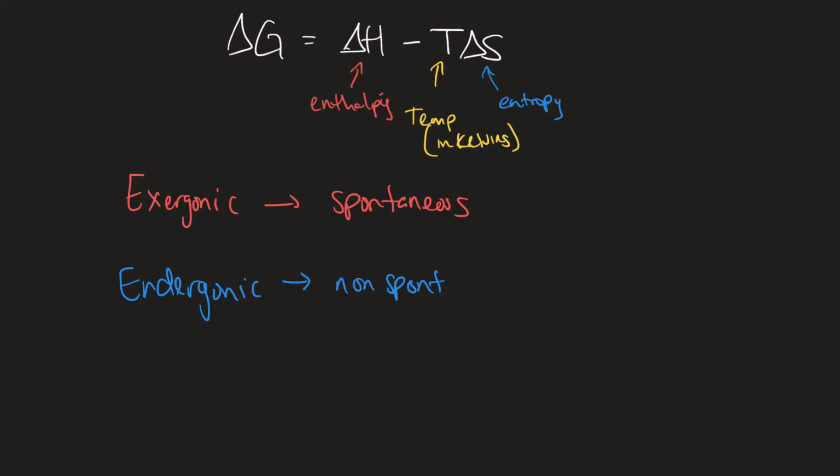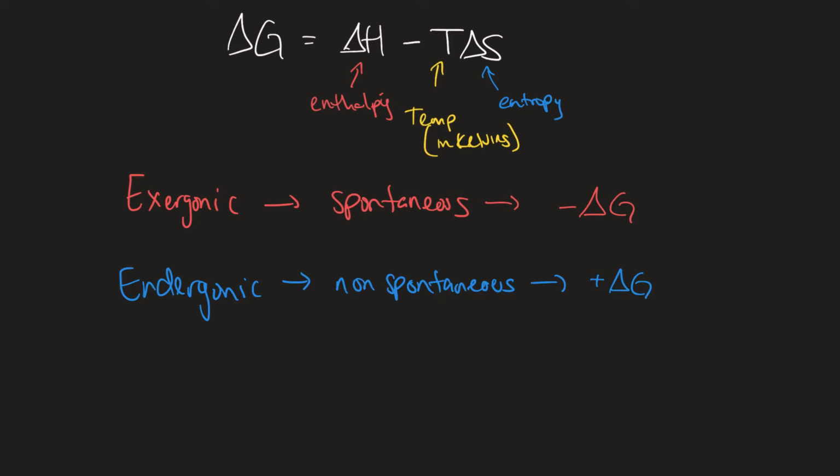How can we tell? It's basically by the sign of delta G. For an exergonic or spontaneous process, delta G will be a negative number. For an endergonic or non-spontaneous process, delta G will be a positive number.